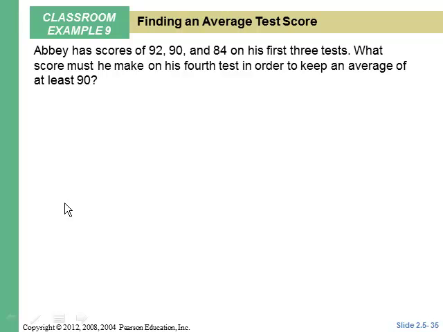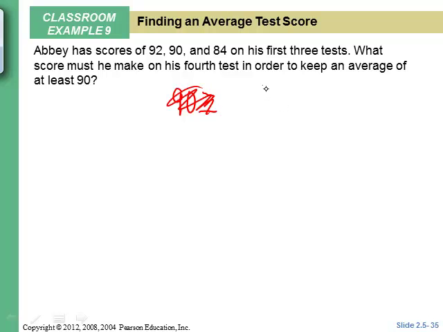Abby has scores of 92, 90, and 84 on her first three tests. What score must he make on his fourth test in order to keep the average of at least 90? Okay, so 90 is going to be greater than or equal to... I'm sorry, let's do it the other way around.